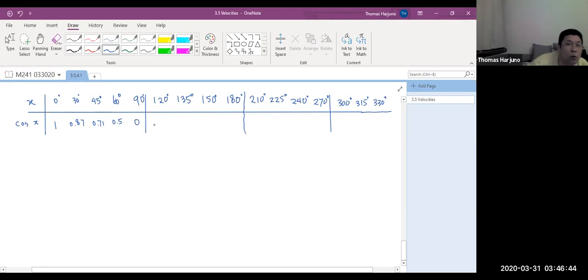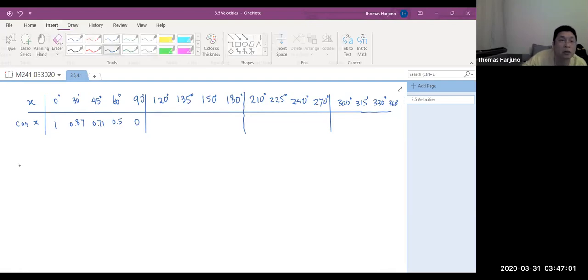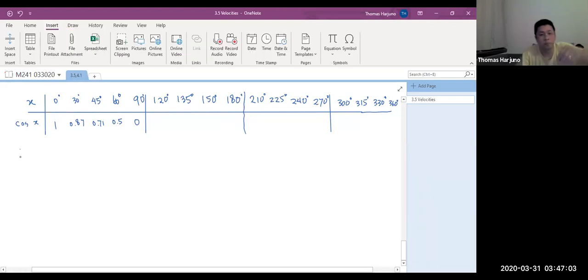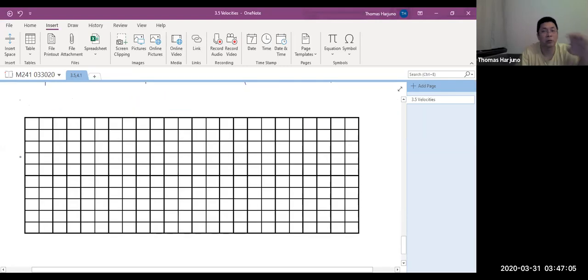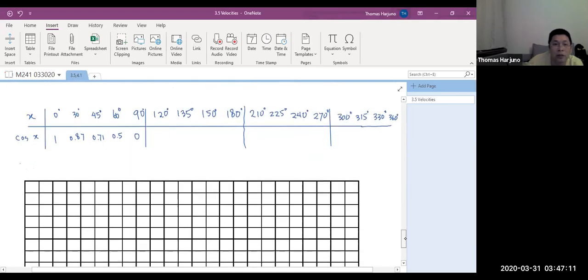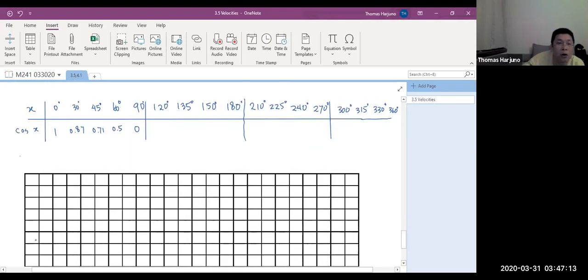Now I want you to go on further, finish this up to 360 degrees, and then put it into a graph, if you happen to have that. If you can, print this out. But let me ask you to do this first: fill it up, and then later on we work on this.